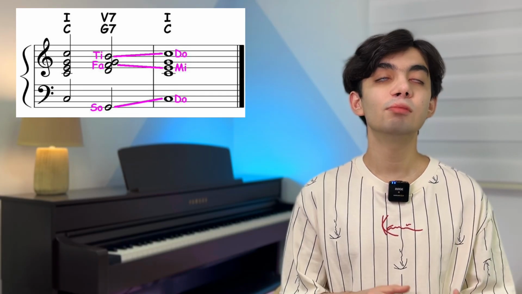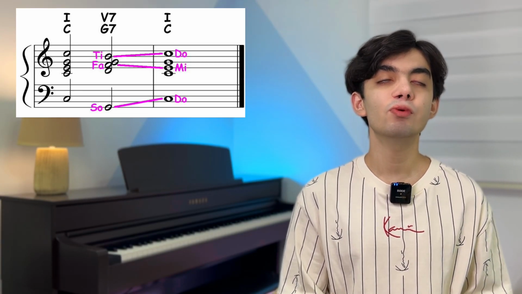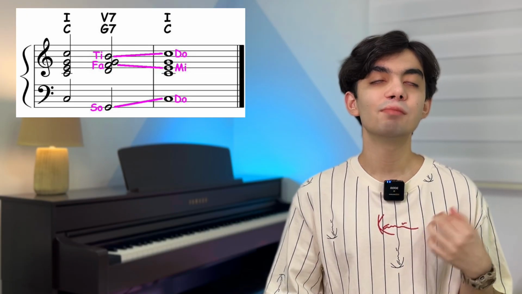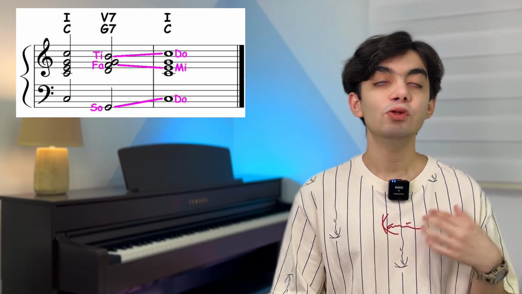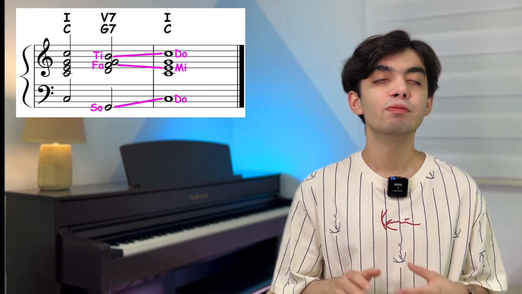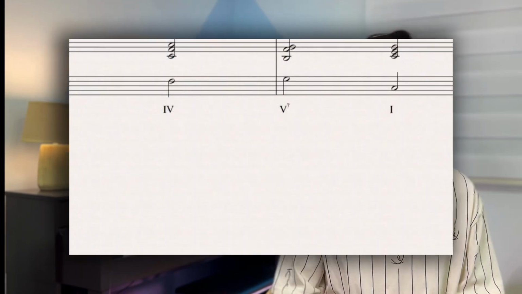Now, the reason this progression is so powerful is primarily due to the tritone interval between the 3rd and the minor 7th degree of the dominant 7th chord, which feels restless and wants to resolve to the 1st and 3rd degrees of the tonic chord.